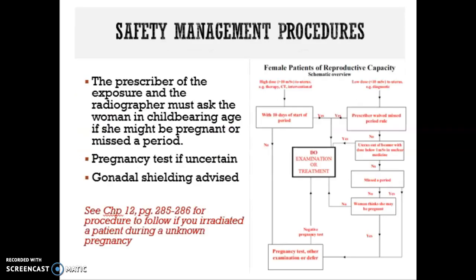So let's look at the safety management procedures that we have to put in place. Whenever a female patient of childbearing age is to undergo an X-ray examination, it is essential that the radiographer carefully question the patient regarding any possibility of pregnancy. Part of the questioning involves asking the patient for the date of her last menstrual period.